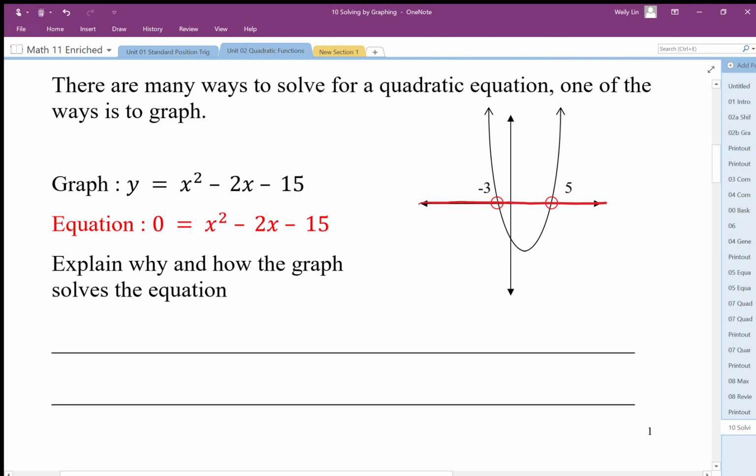So why and how does the graph solve the equation? Well, the how is that the solutions can be found where the graph crosses the x-axis.